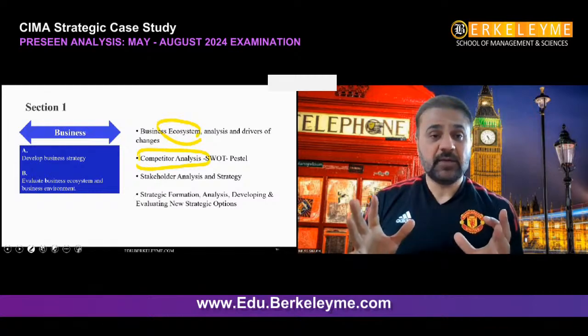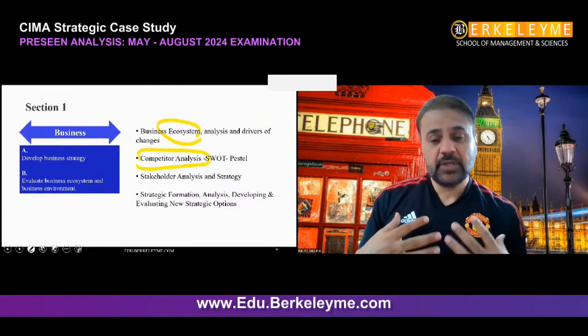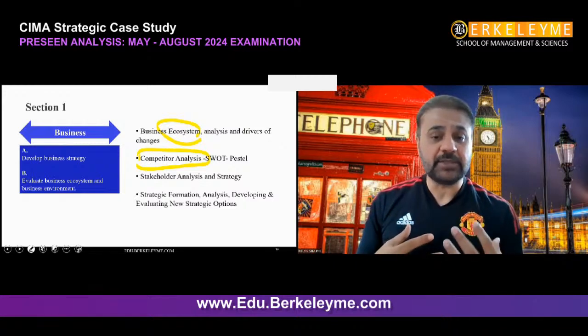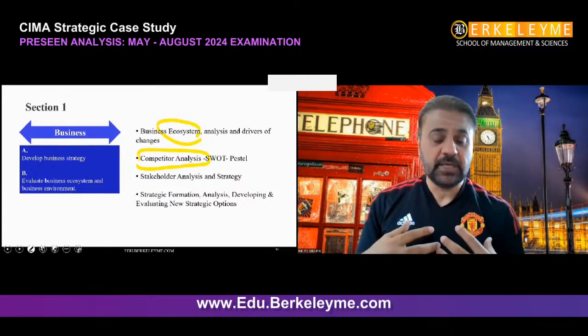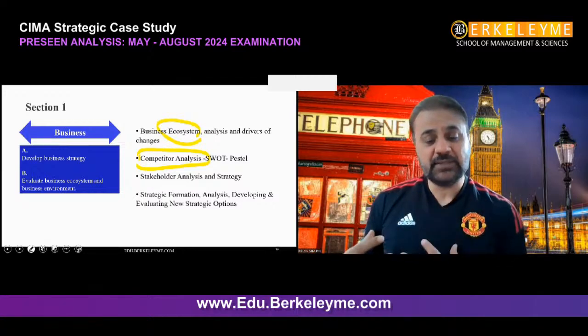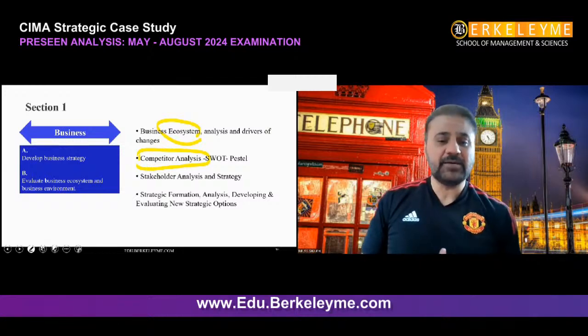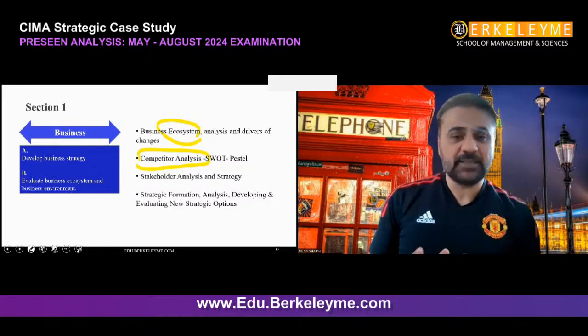If we really want to be a strategic manager, we need to know what our competitors are doing, because if we don't know what they are doing and we're setting our strategies sitting in a closed room, it's not going to work. So we always spend enough time on competitor analysis.